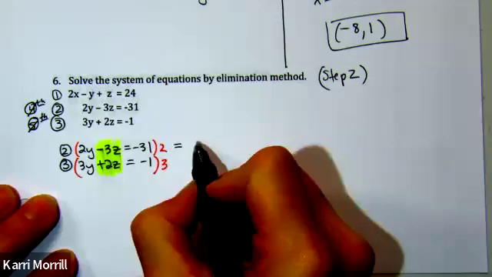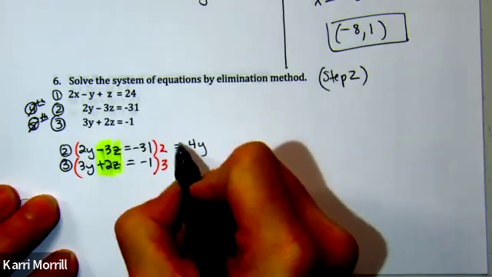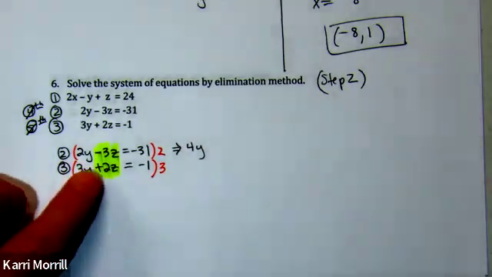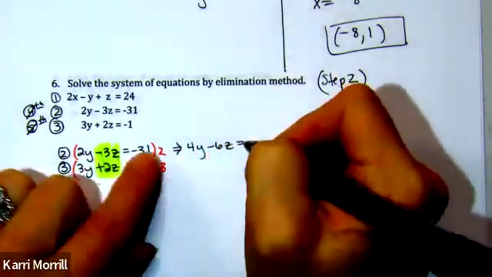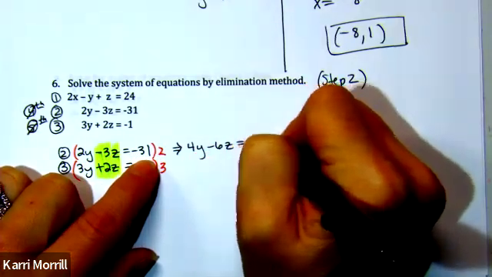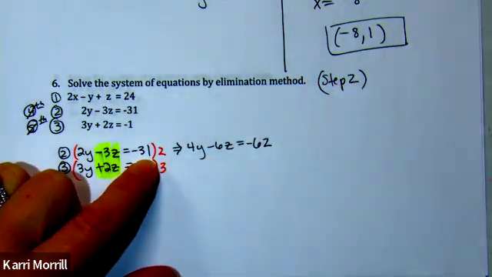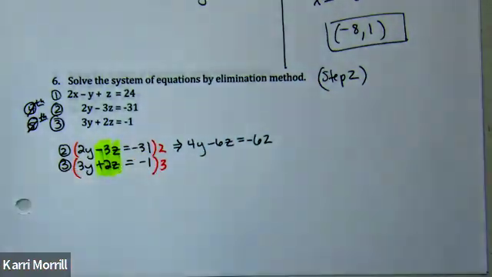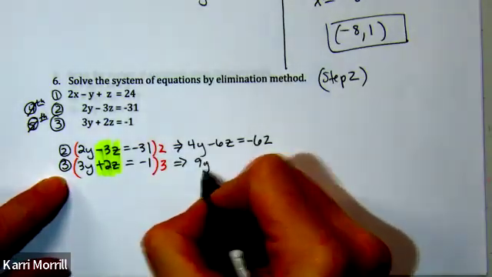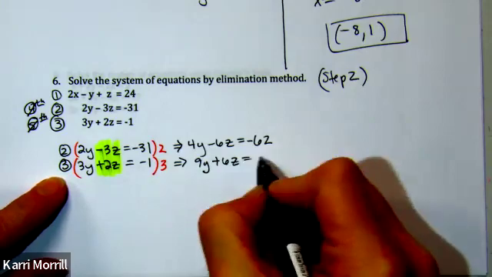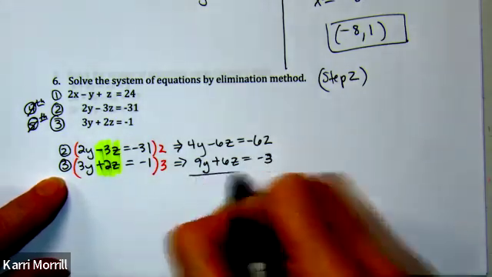So 2y times 2 is 4y. 2 times a negative 3 is a negative 6z. And then we have a negative 62. Then we have here 9y plus 6z equals a negative 3.